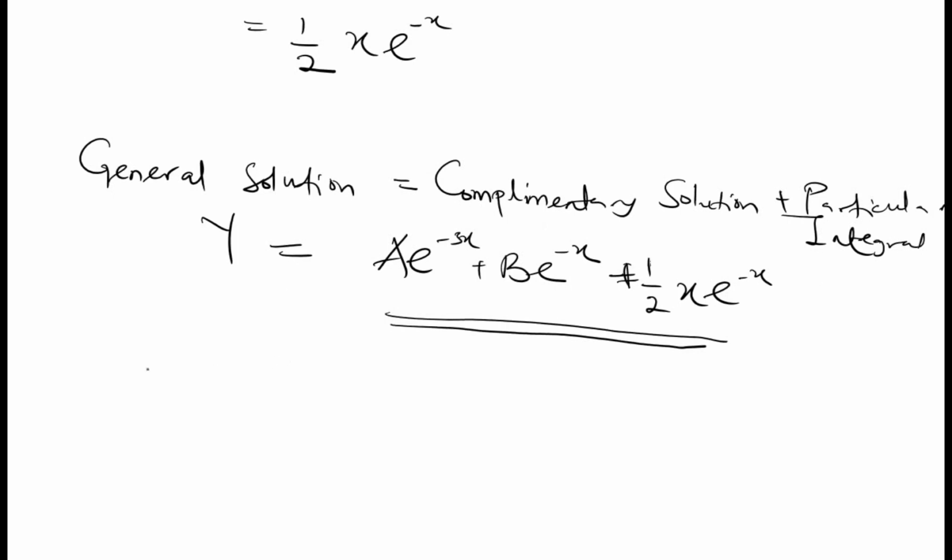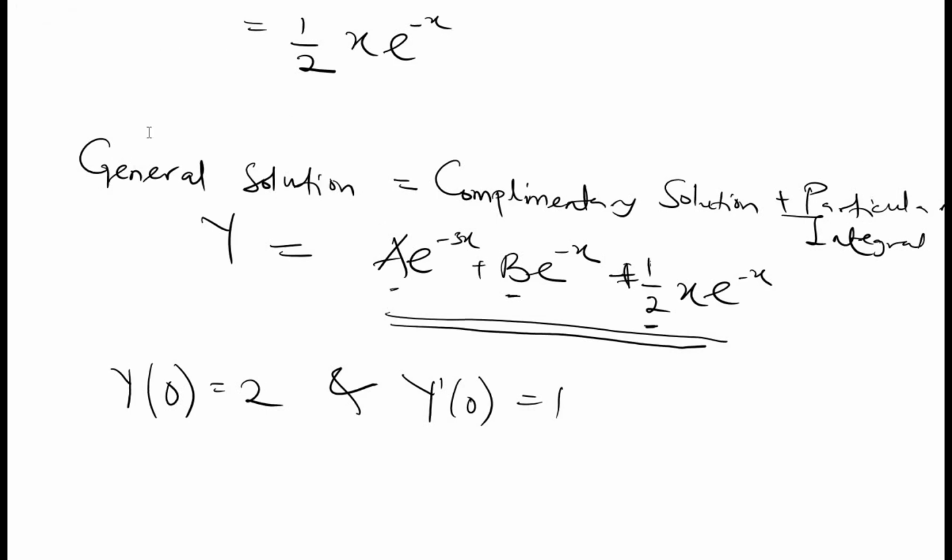But recall that I'm given some boundary conditions. Given that y of 0 is equal to 2 and y prime of 0 is equal to 1. I'm going to use this to determine my a and b. Just like I did for the particular integral part, I found c to be half. So using these boundary conditions I'm given, I'll find my a and I'll find my b.